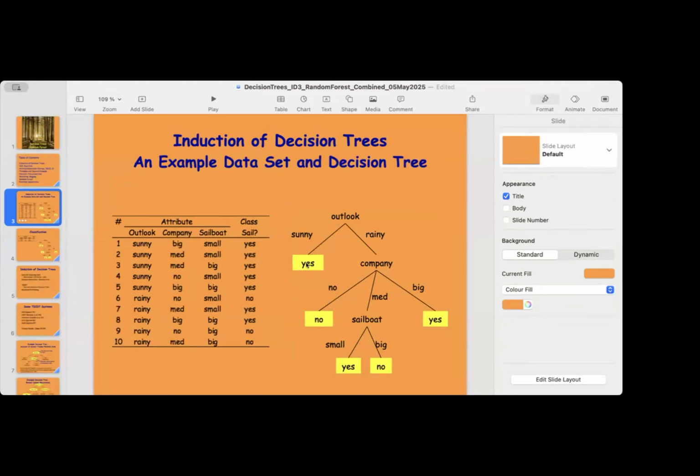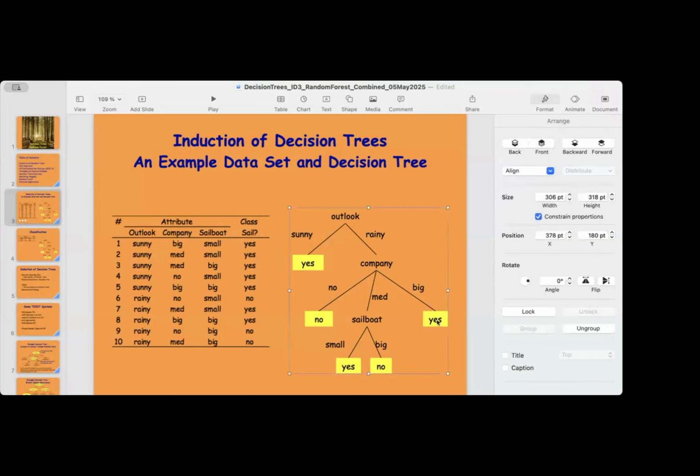If the outlook is sunny, yes, we can go sail the boat. Now, if it is raining and there's no one with us and we're alone, we don't want to go alone into the water when it's raining. So the answer is no. Now, if we have a lot of people with us, if we have a big company, it might be okay to go into the water.